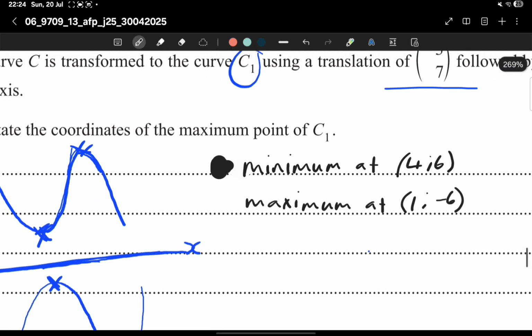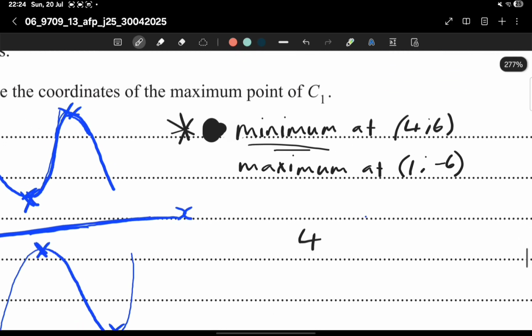So like I said, the minimum will be the maximum for the reflected curve, right? So we're going to be dealing with 4, 6.